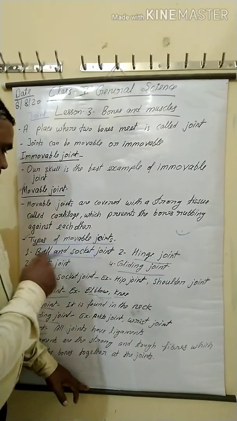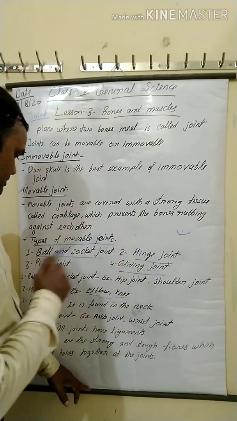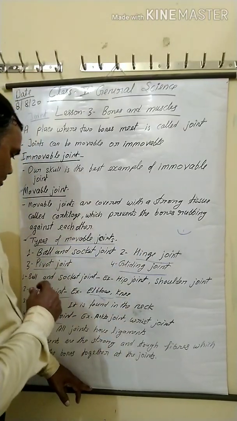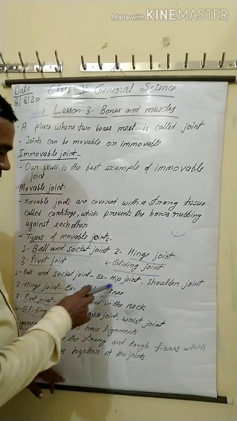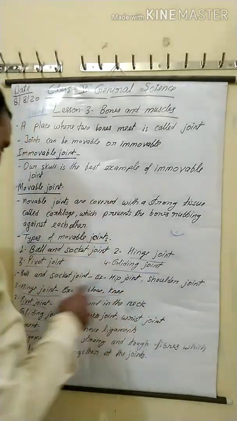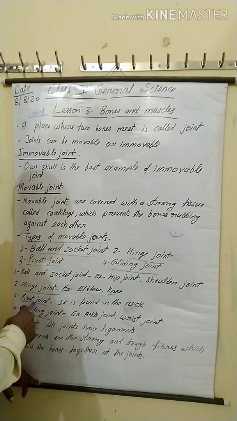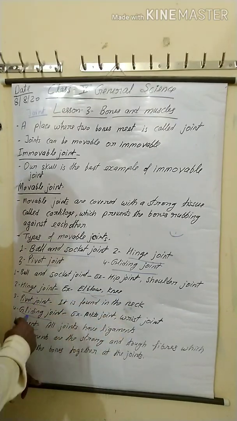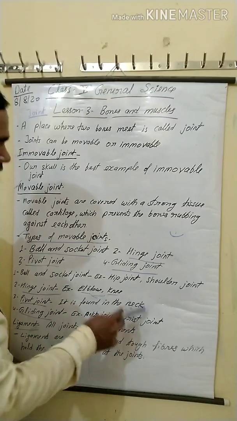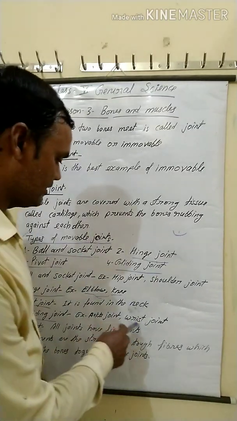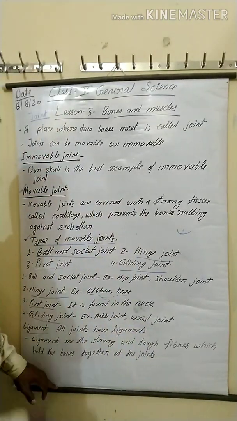Types of movable joints: ball and socket, hinge, pivot, and gliding. Ball and socket joints are found in the hip and shoulder. Hinge joints are found in the elbow and knee. Pivot joints are found in the neck, and gliding joints in the ankle and wrist.